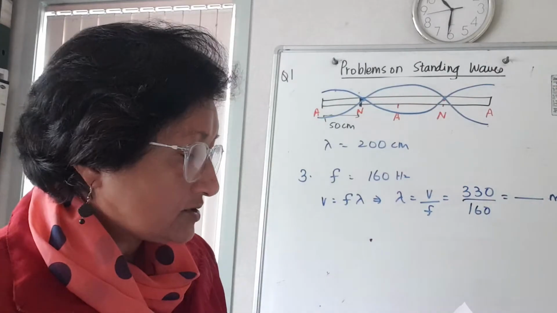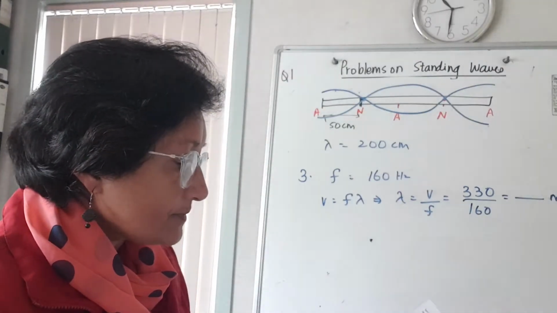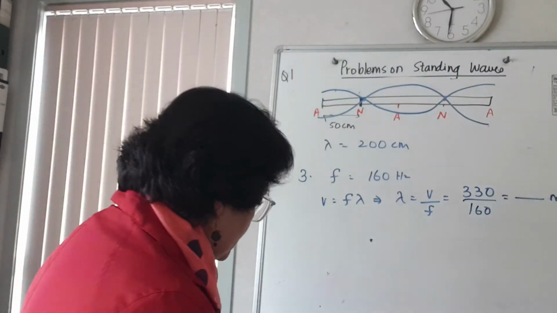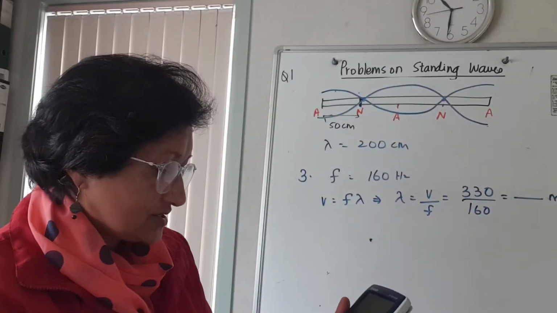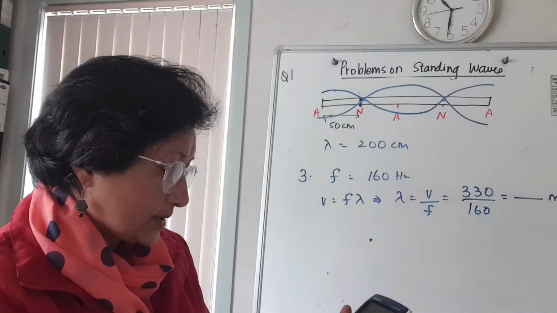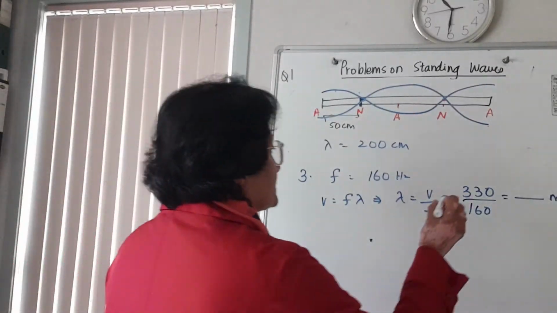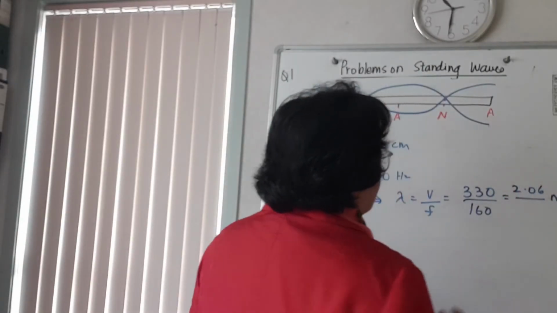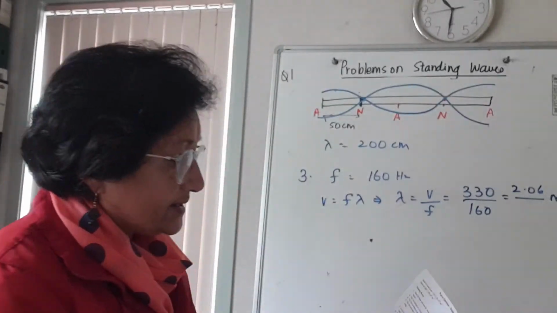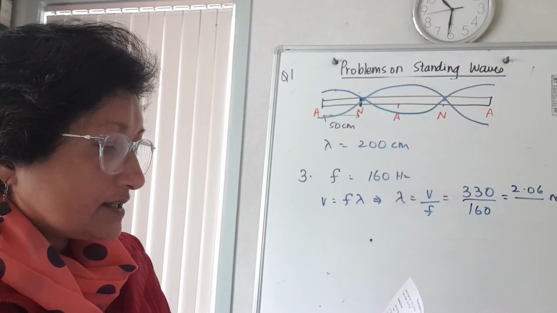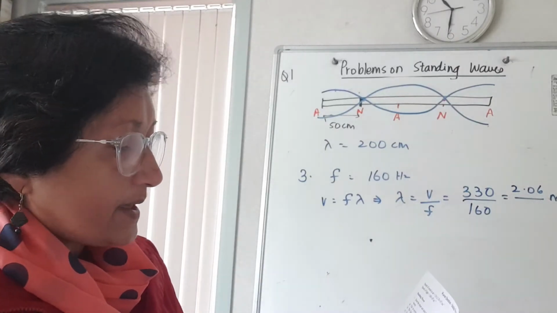We do have to calculate it in order to answer the next question. So I just go 330 divided by 160, 2.06 is the wavelength.